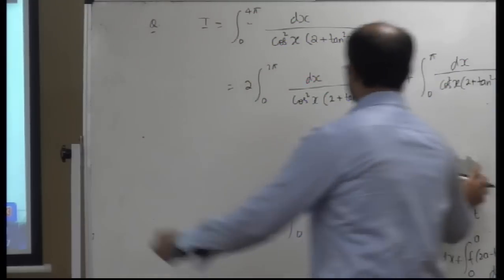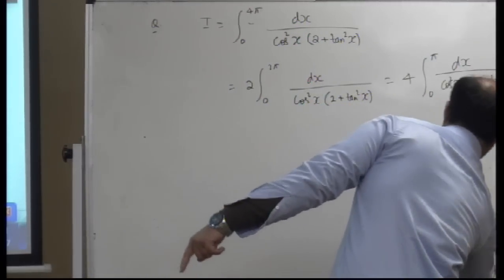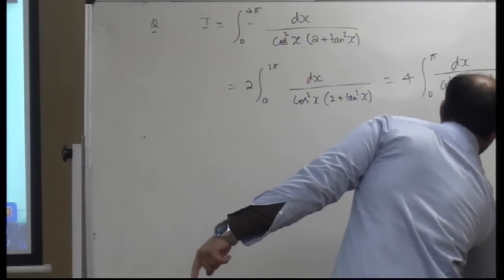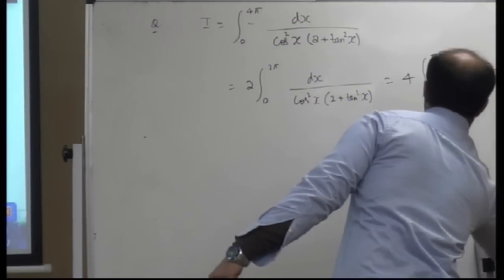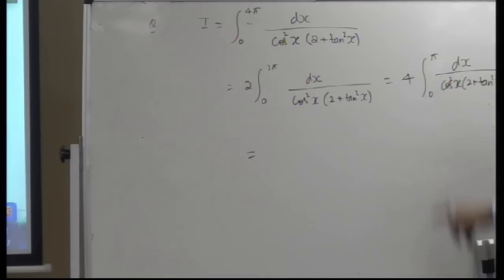Next, this would become again pi minus x. So what will happen? Cos of pi minus x will be minus cos x, but there is a square, again there won't be any change.